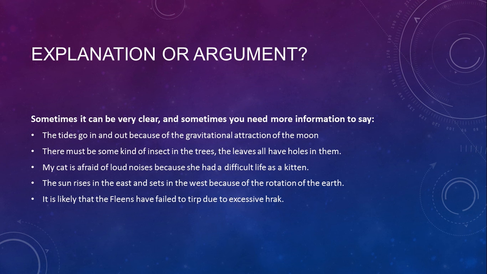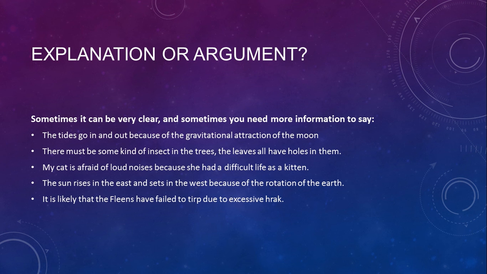So in this case, suppose we're trying to explain why she's afraid of loud noises and we're citing this: I knew that she had a difficult life as a kitten. Imagine a context where you got a cat from a hoarding situation where the cat's all deranged and kind of weird. My cats are like this actually.